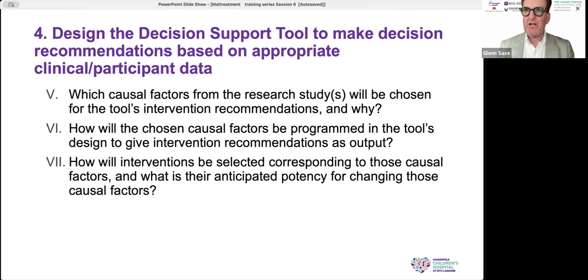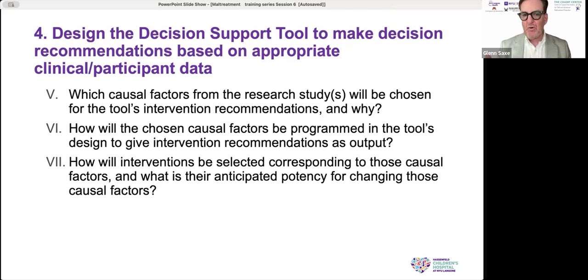And then again, you're going to have to choose for a cause an intervention that's available out there. And then you have to think, what does the literature say on its potency? Will it completely change the cause, or will it change it by 25%, by 50%?